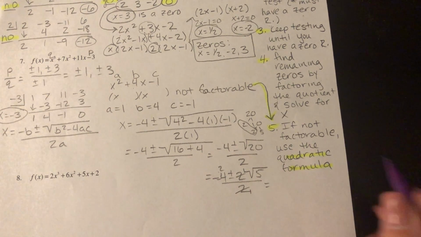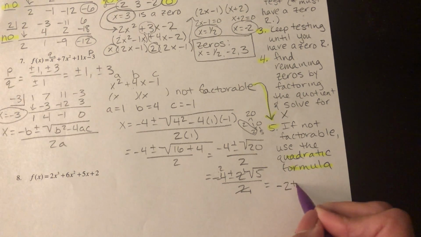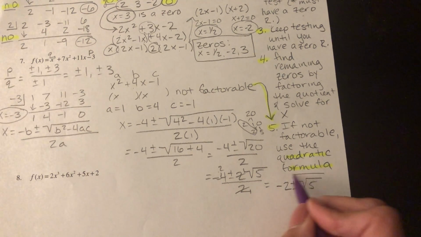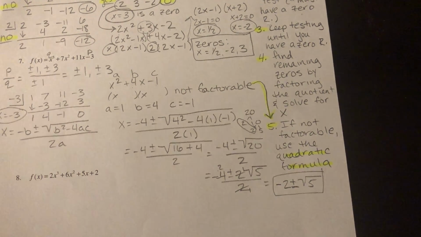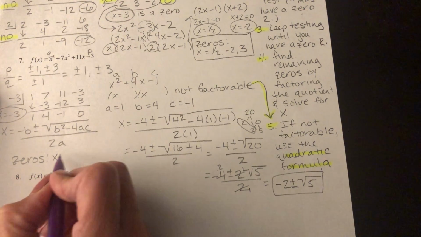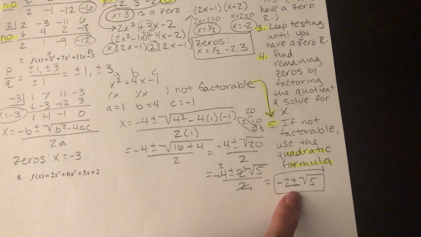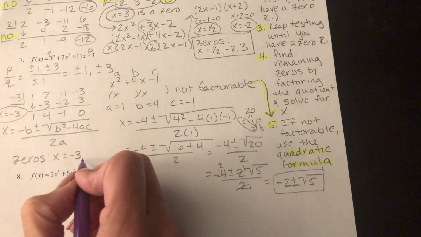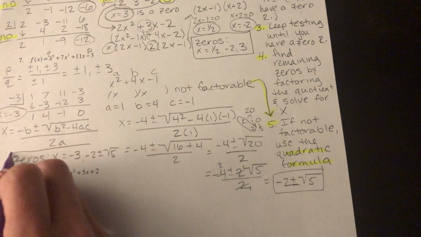So finally you find that this is -2 plus or minus the square root of 5. And those would be our remaining 2 zeros because one's positive, one's negative there. So the total amount of zeros is X equals -3, and then -2 plus or minus square root of 5. Final answer.